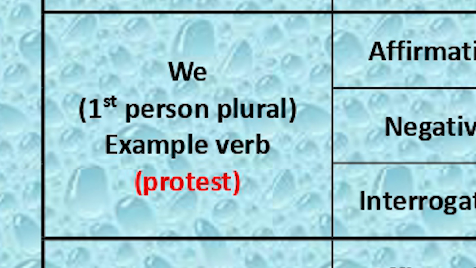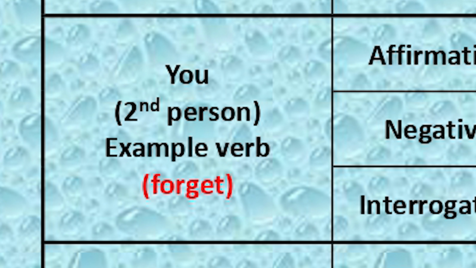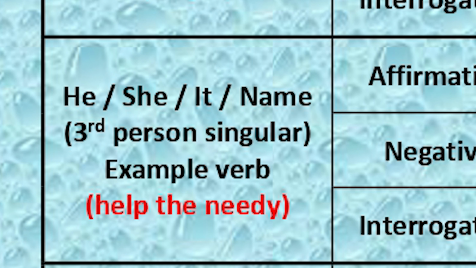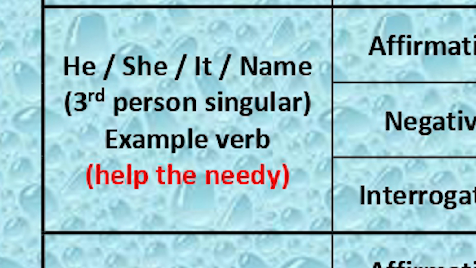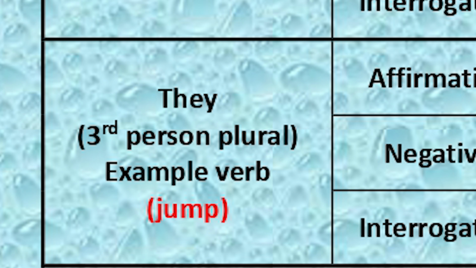Then you is second person pronoun, and after that we have third person singular pronoun and plural pronoun, which is he, she, it, and any name is third person singular pronoun and they is third person plural pronoun.